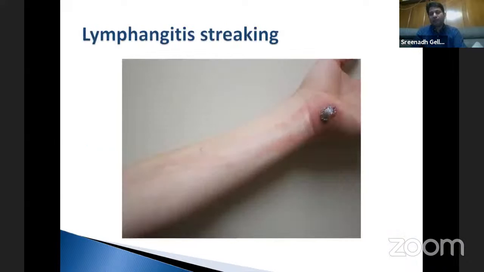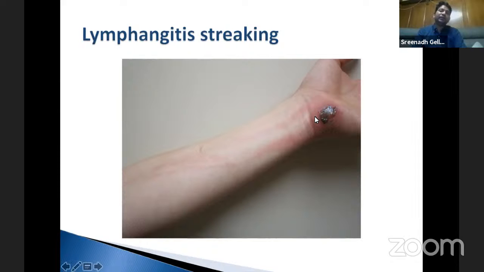In the same area, this is one of the other things that may be put in front of you. As you can see, there are some streaks of lymphangitis, with a cellulitis and with a scab around it. Whenever you see this, it's predominantly secondary to streptococcal infections. Usually there will not be any collection.